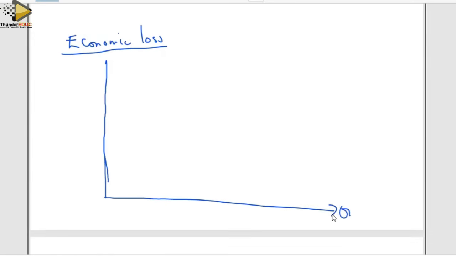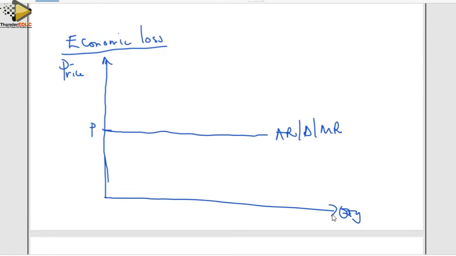Our quantity is here, and our price is on the vertical axis. For a loss making business, our price must be below the costs. So this is our average revenue, which is equal to the demand curve, which is also equal to the marginal revenue. And our average cost must stay on top. It must not intercept the average revenue curve if it's an economic loss.